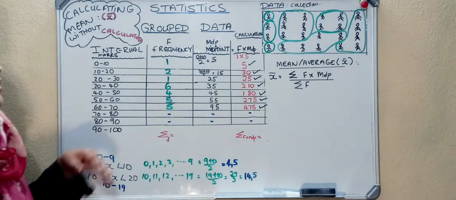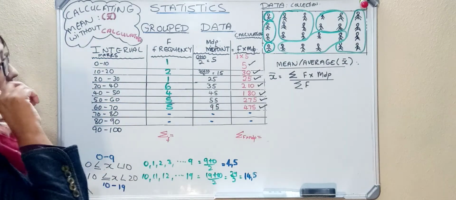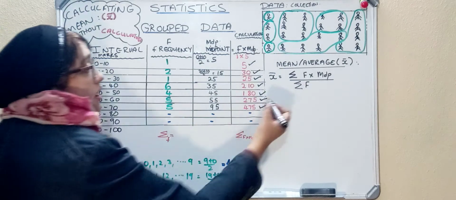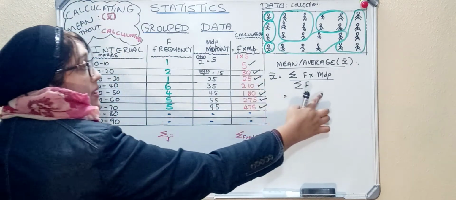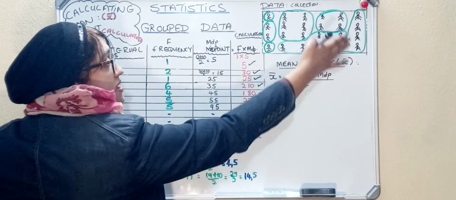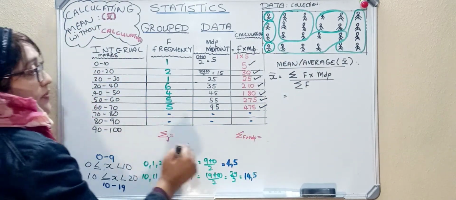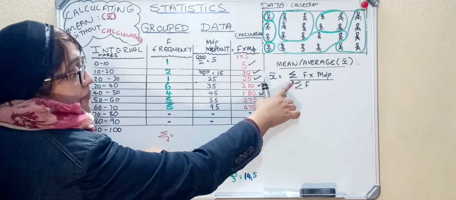Okay, so the reason why we did this here is because it helps us to substitute into our formula. Okay, so what I need is the mean, which is your average of your data. We're trying to find this class performance in group data, right? So we take the sum, okay?